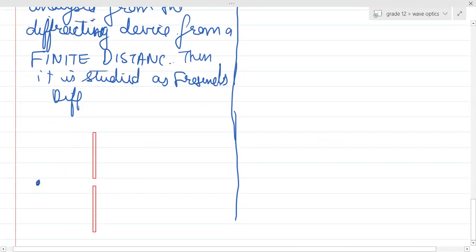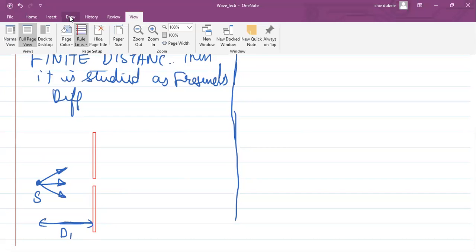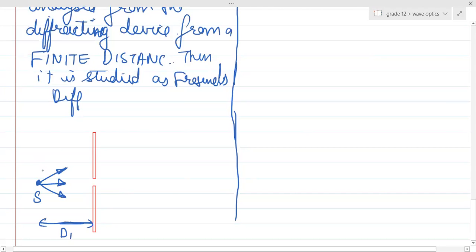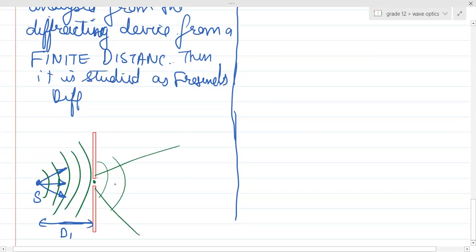So guys, here there is the source which is producing the light rays, or the wavefronts. When the source is at a finite distance, will these wavefronts be plane or spherical? Can you see the difference in this case? These incident wavefronts are not plane, they are spherical, right? And due to this, the light rays will form a pattern on the screen.